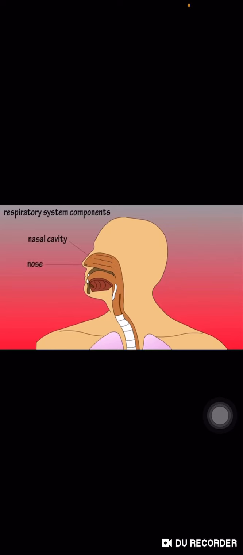Starting here with the nose, nasal cavity, and the mouth and oral cavity. The pharynx is here, what we consider the throat. The pharynx is considered part of the digestive system as well as the respiratory system, and it connects the respiratory openings to the larynx and esophagus. So the esophagus is not a part of the respiratory system, and I'll explain why I put it in the diagram in a minute.